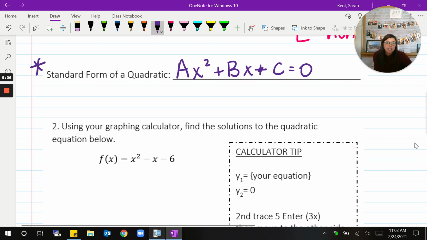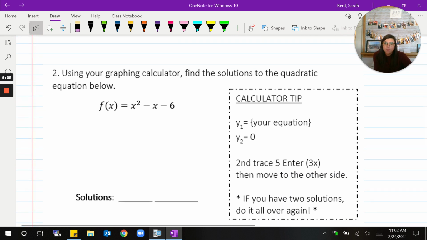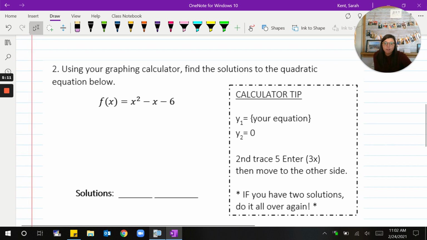So let's take a look at this first example here. It says, using your graphing calculator, find the solutions, so find the answers to the equation below. So if we look, we want ax squared plus bx plus c. So here I have x squared minus x minus 6. This one is in standard form. So I'm going to start by putting this in my calculator.